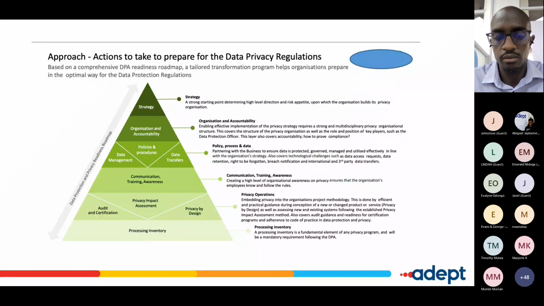Then there's training and communication: creating awareness and training your staff on how to handle personal data. Ultimately, there is audit and certification, conducting privacy impact assessments and ensuring that you're embedding privacy by design and by default within your organization.